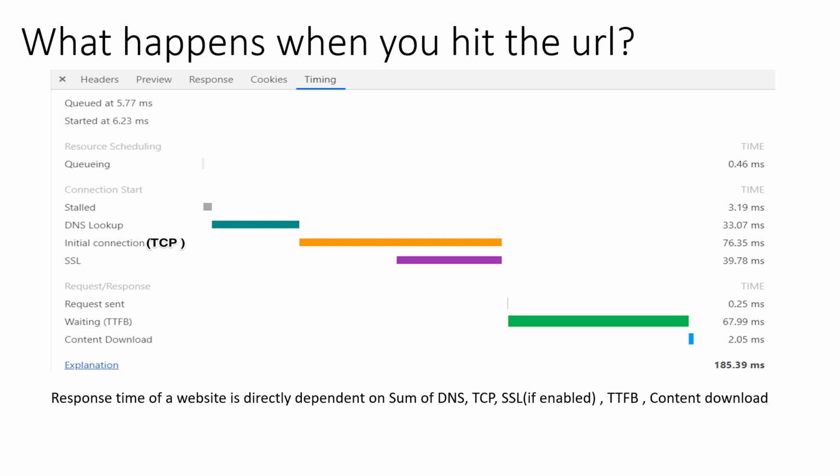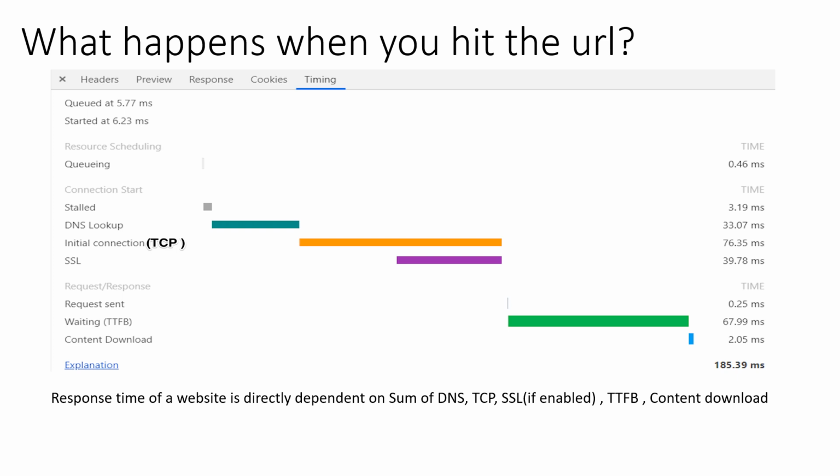Next is TTFB, that is, time to first byte. This is the duration from the client making an HTTP request to the first byte of the page being received by the client browser, or it is the responsiveness of your web server. And last is the content download time.